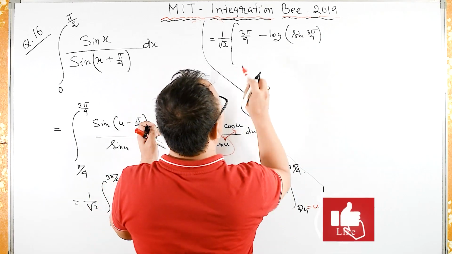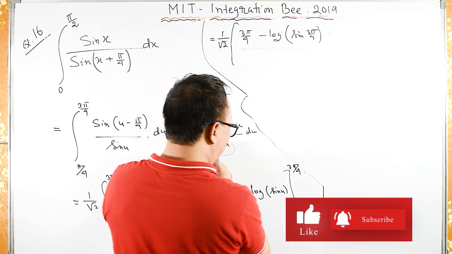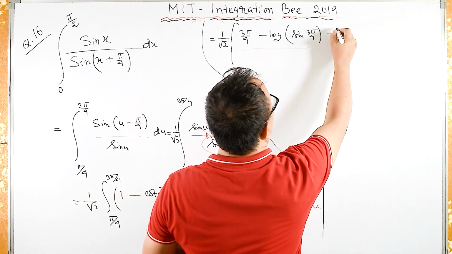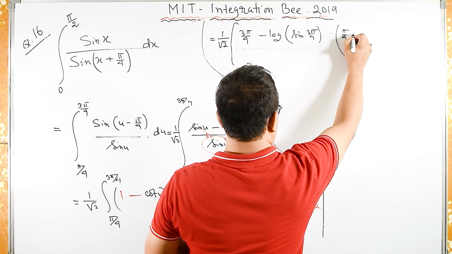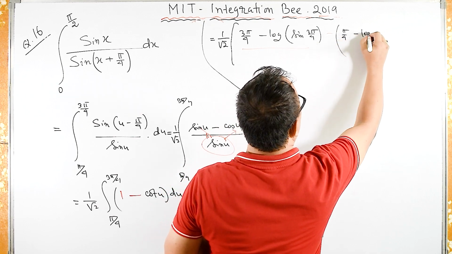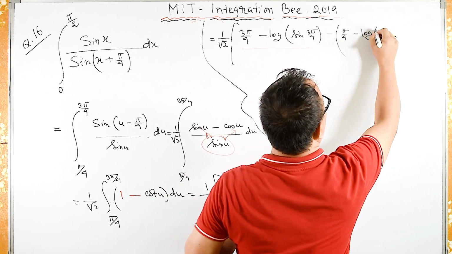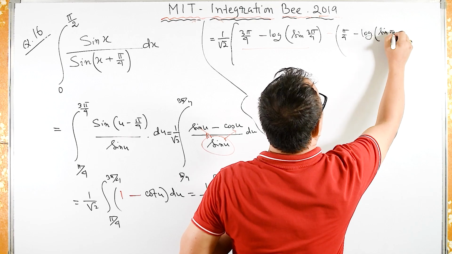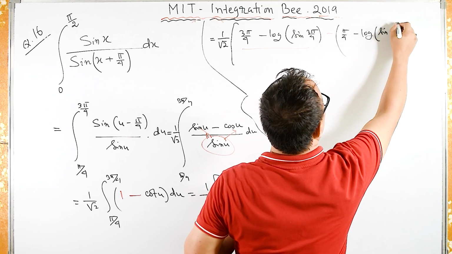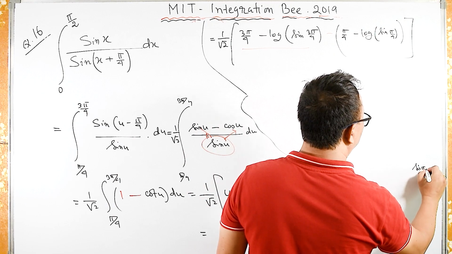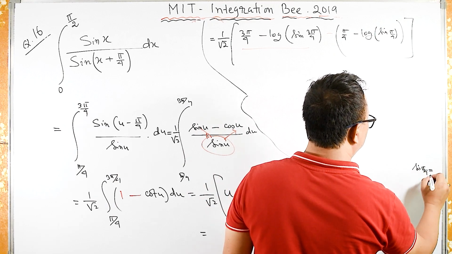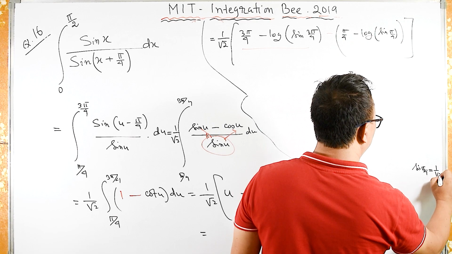Minus the lower limit: pi by 4 minus log of sine of pi by 4. Sine of pi by 4 is 1 by root 2.